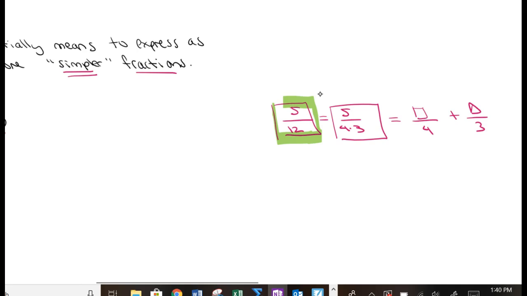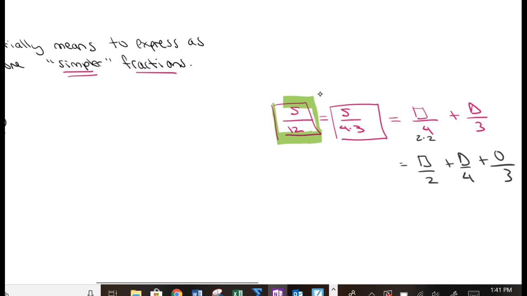The denominators are closer to being prime, if not prime itself. If I were to go even further, I could say 4, which we know is 2 times 2, so I could express 5/12 as a sum of fractions where the denominators are 2, 4, and 3.